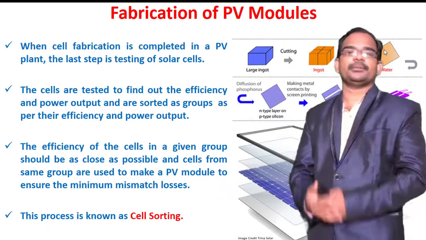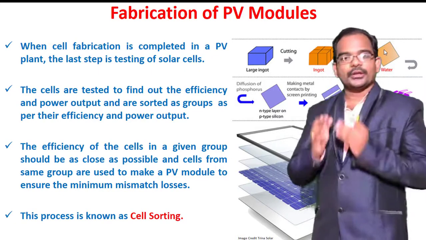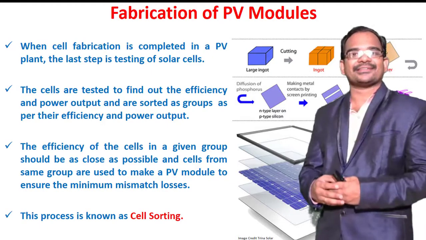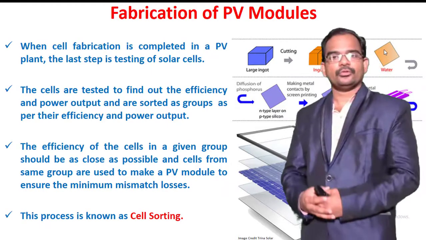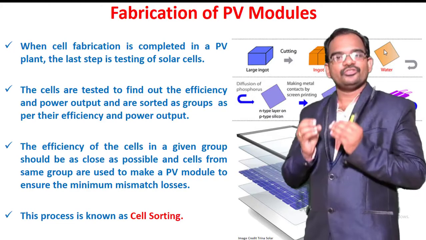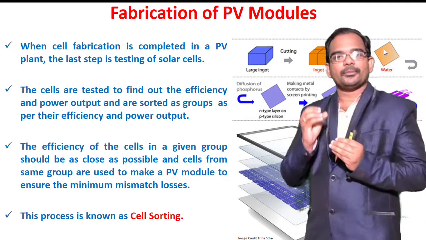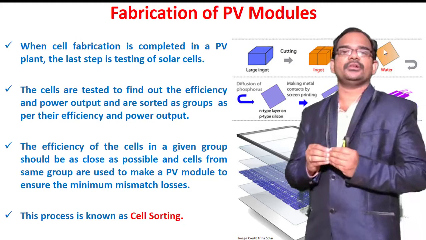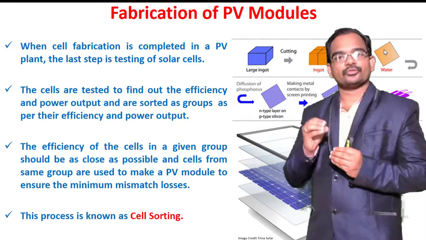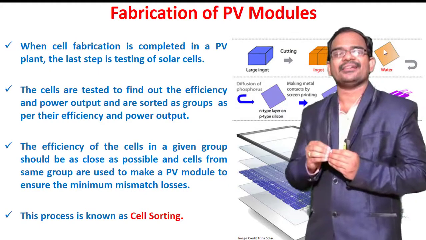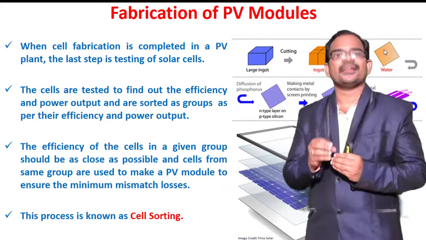Now why do I have to put them into boxes? What is a solar module? Solar module is nothing but interconnection of solar cells in series. So in order to make a module, we need to see that each and every cell in a module should be identical. It's practically impossible to manufacture or to connect a number of cells in series in a module which have identical characteristics or identical efficiencies.